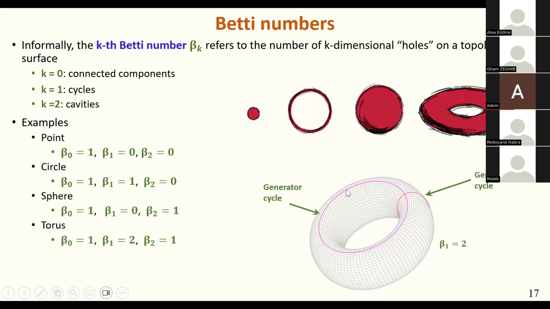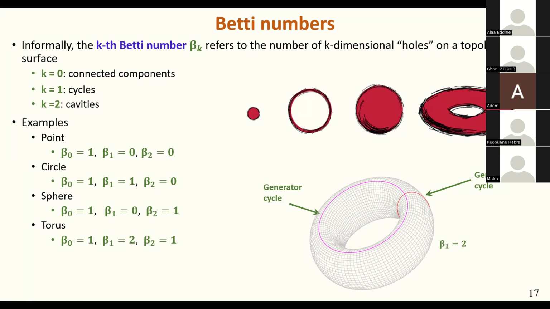The horizontal cycle, in pink here, also cannot be reduced to a point. So a torus contains two cycles, and since there is a hole inside it, a void, it contains a cavity, so beta 2 is equal to 1.